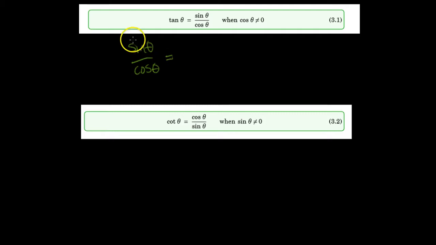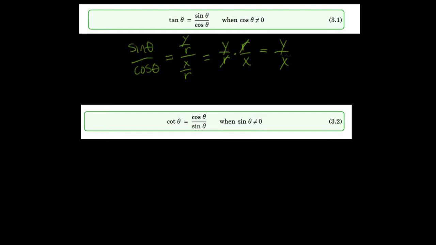By definition, I know that sine theta is the ratio of y over r, and I know that cosine theta is the ratio of x over r. If I do a little math magic, I'm going to take the first fraction, y over r, and multiply it by the reciprocal, r over x, of the bottom fraction. If you notice, r can never equal 0. That's assumed. So we have y over x.